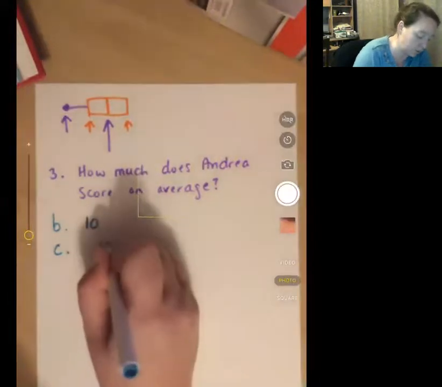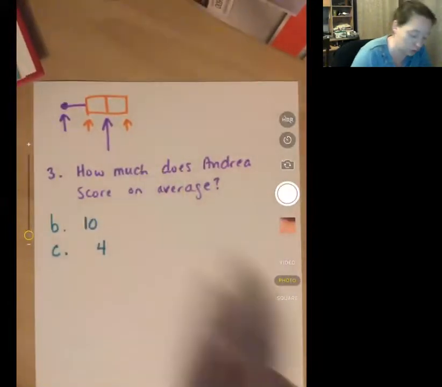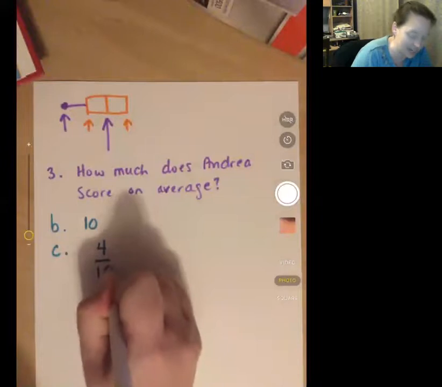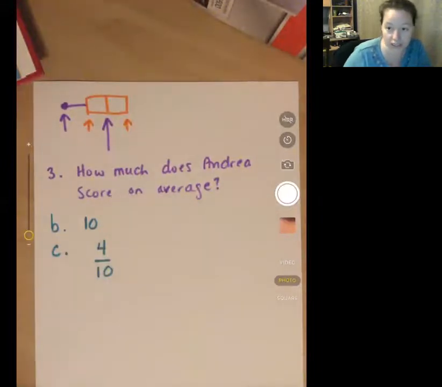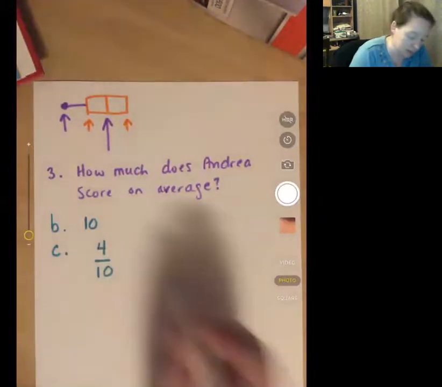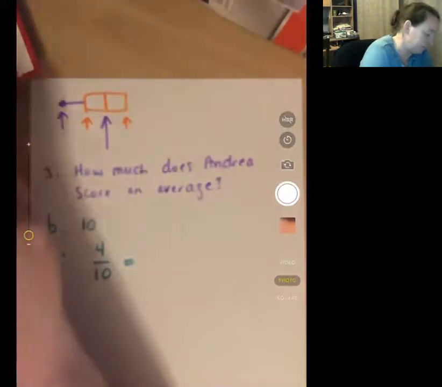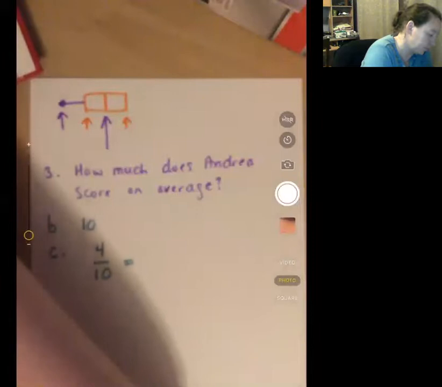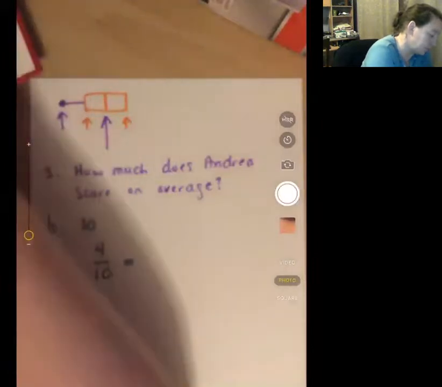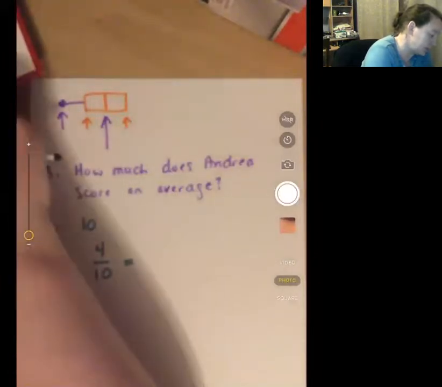So 4 of them sold 20 or more. So 4 out of the 10 sold 20 or more. So I need to do 4 divided by 10.